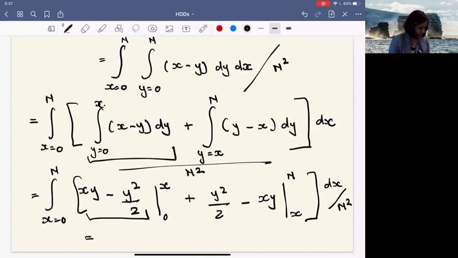You could try doing that on your own, but when you put the limits of 0, x and n, the terms that you end up with in x would get cancelled, and then some of the terms would get cancelled, and in the same way as we solve this integral for dy, we would do it for dx. It's a repeated step, so I'm just skipping that.